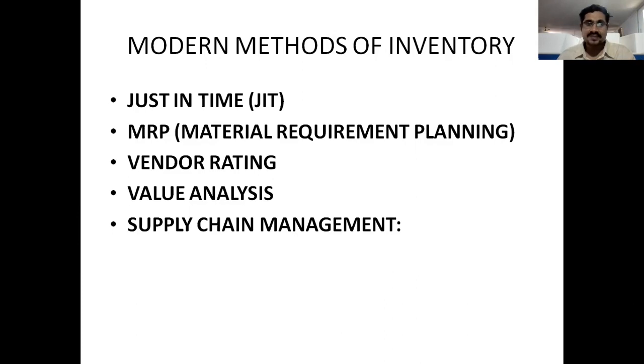Take the example of FMCG products. FMCG means fast moving consumer goods. Soaps, cosmetics, perfumes, powders, toothpastes.